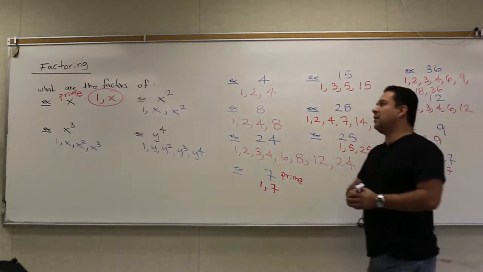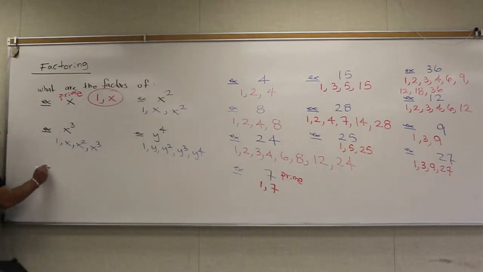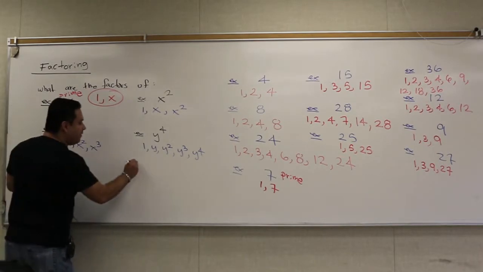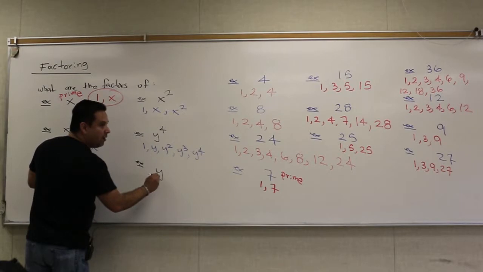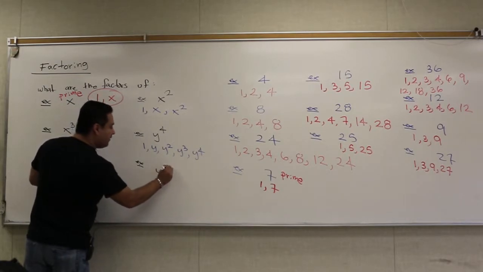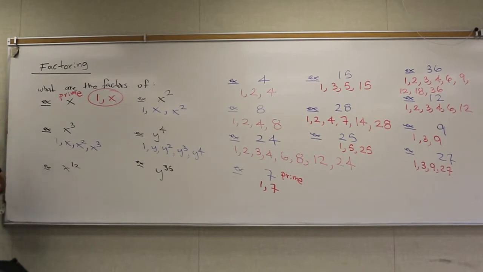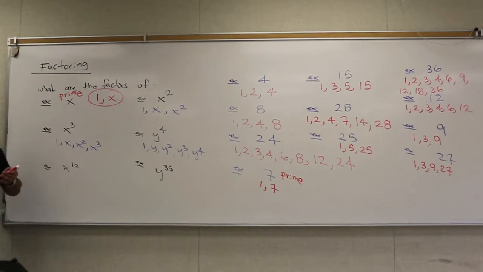Should I check? Let's give you guys a quick test for a couple of them. How about if I gave you x to the 12th power? How about y to the 35th power? What are the factors? Just look at this.